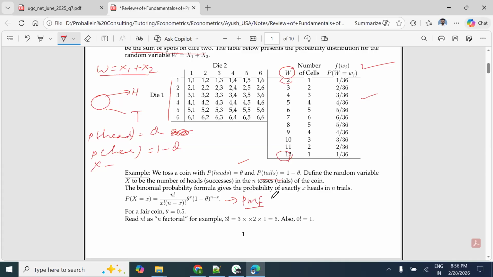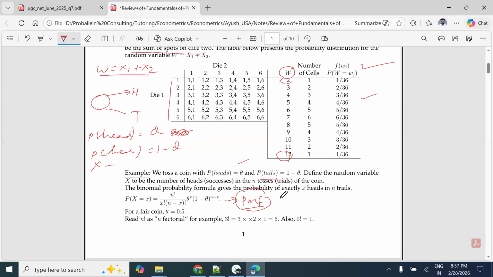First of all, this formula is the PMF, the probability mass function. Do you want to know what the probability mass function is? I already told you earlier also. So what is the probability mass function?